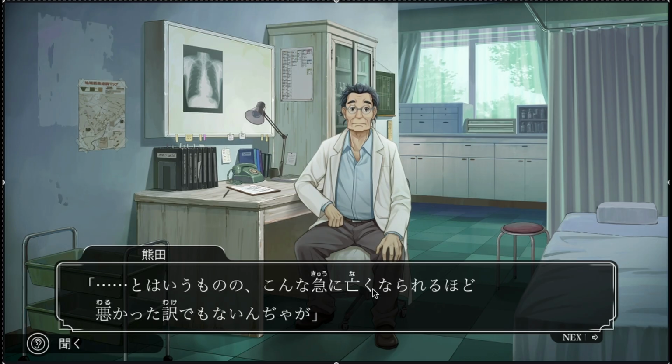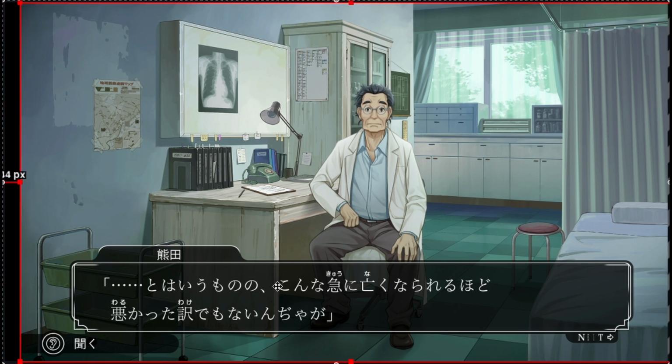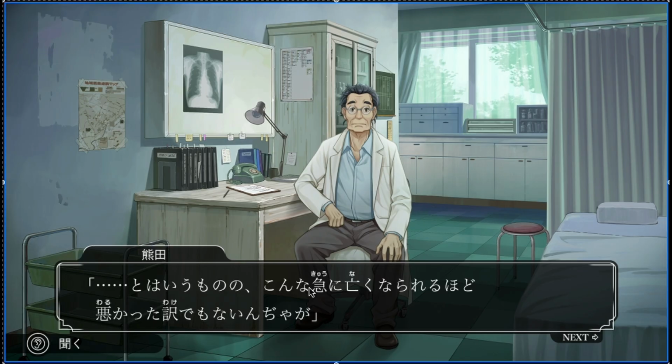Konna kyuu ni nakunareru hodo, like this suddenly, and then died, and hodo is degree, so like to suddenly die this soon. Warukatta wake demo nai n ja. So it looks like this is describing warukatta, so what level it was bad. Wake demo nai, so he didn't have reason to believe it was that bad.